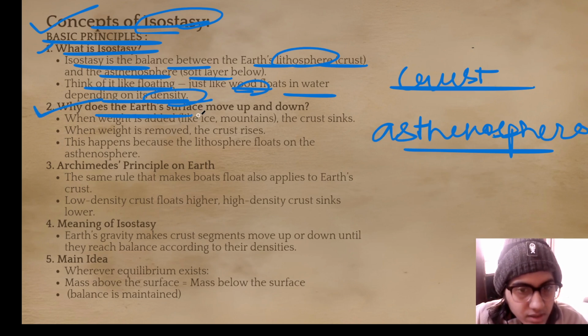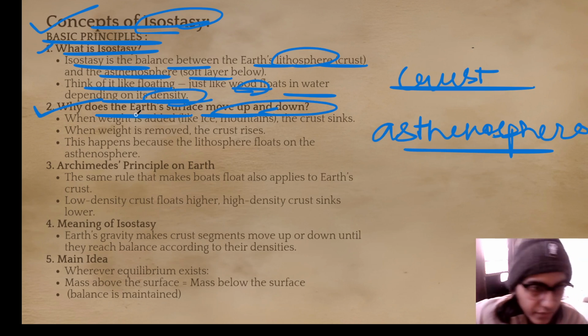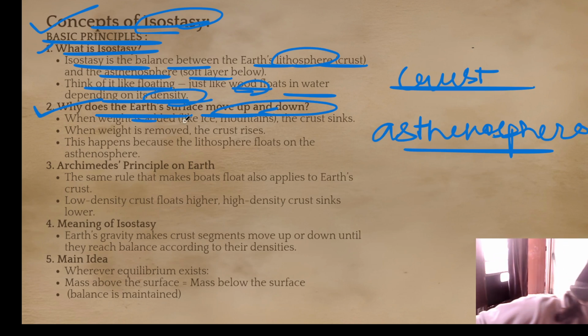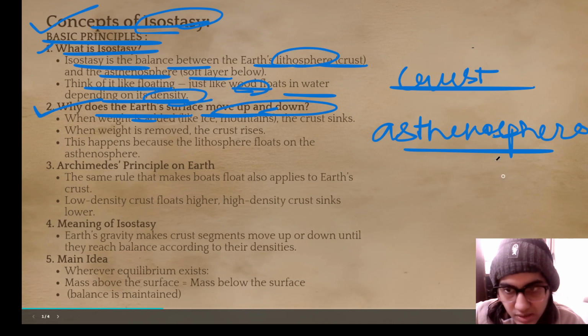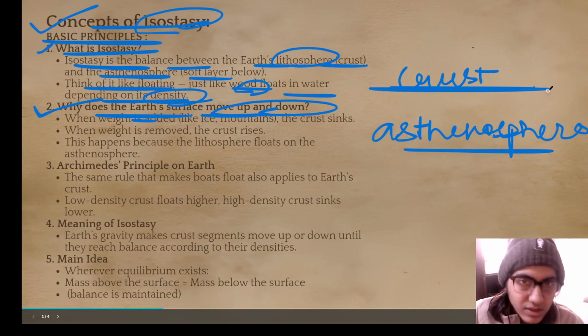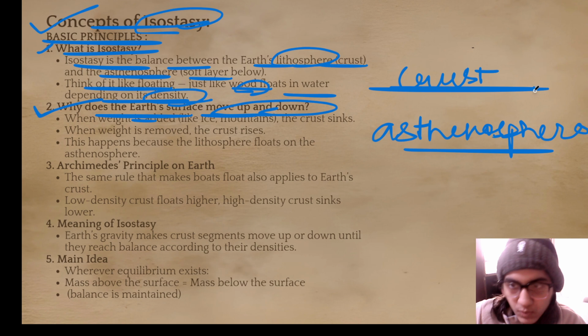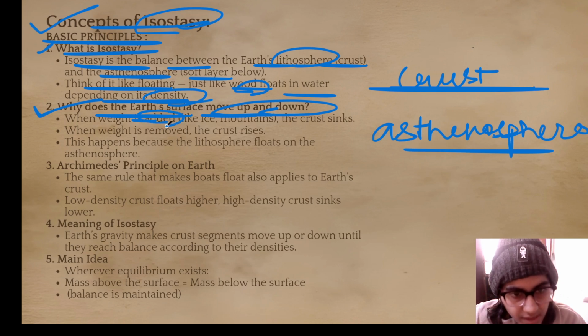Why does the earth's surface move up and down? Why is it not flat? It is because when weight is added, like an ice mountain, the crust sinks.